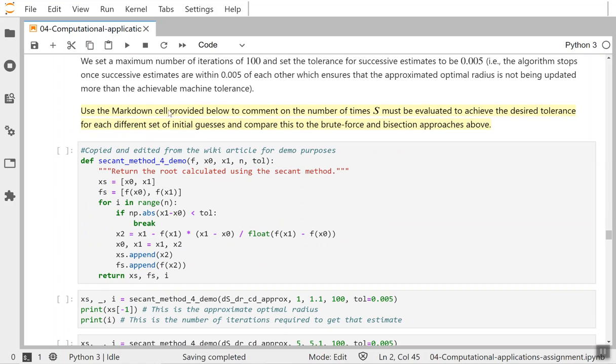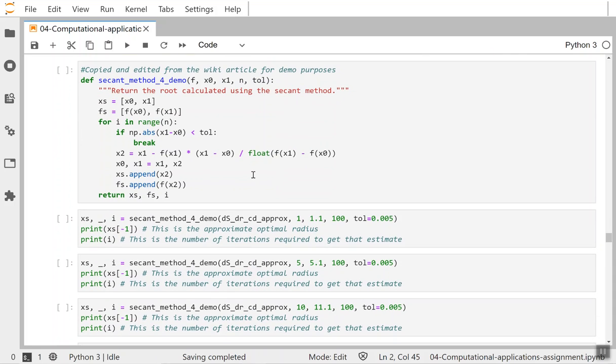What you are asked to do is to use the markdown cell provided below to again comment on the number of times the surface area function must be evaluated to achieve the desired tolerance for each different set of initial guesses, and compare this again to the brute force and the bisection approaches that were shown above.